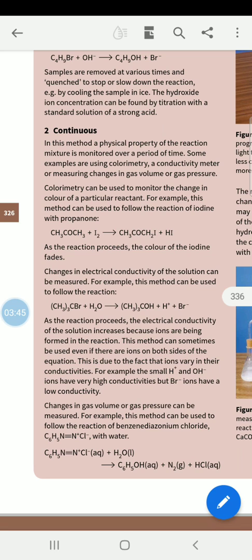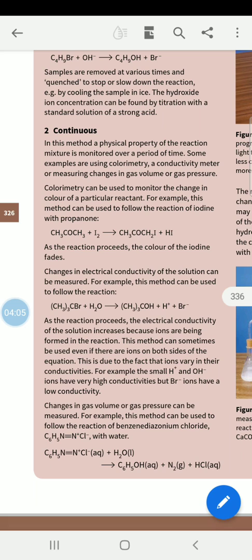The higher the concentration of the ions H+ and Br-, the more it will allow electricity to pass through. You must remember that chemicals which contain ions allow electricity to pass through. So when the reaction is proceeding, the conductivity will increase.